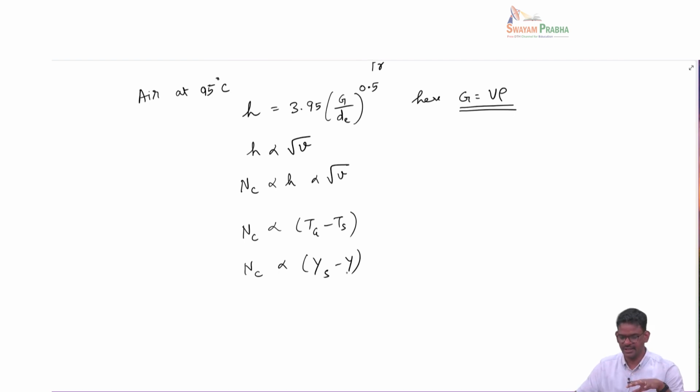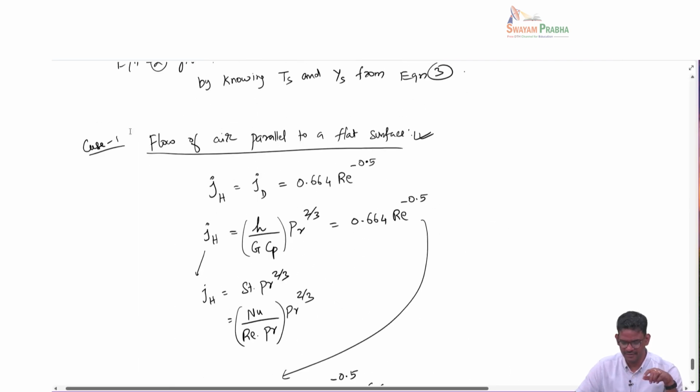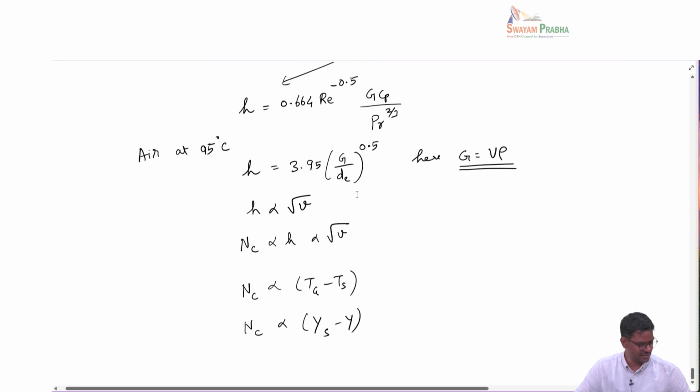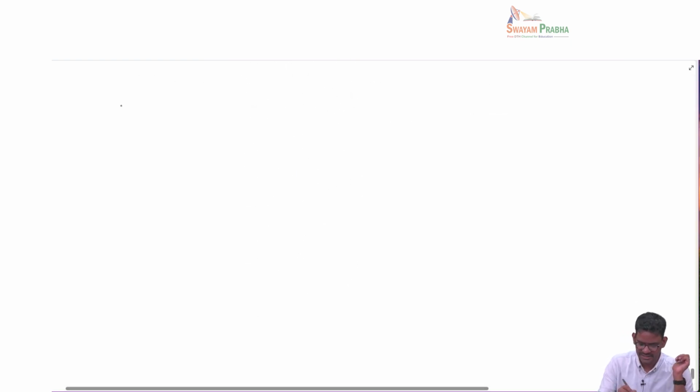All of this has to be applied only if the flow is parallel to the flat surface. If the flow is perpendicular to the drying solid, then all these correlations will change, and the dependence of NC will change. For example, just for comparison, I have one for perpendicular flow. Let's say air is flowing perpendicular to the solid.